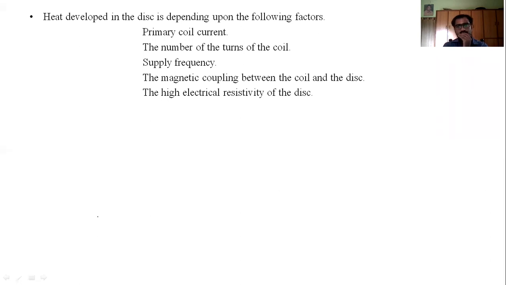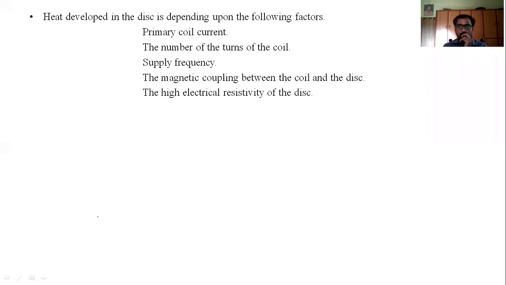First of all, if we consider non-magnetic materials, the heat is generated by eddy currents at low frequencies.